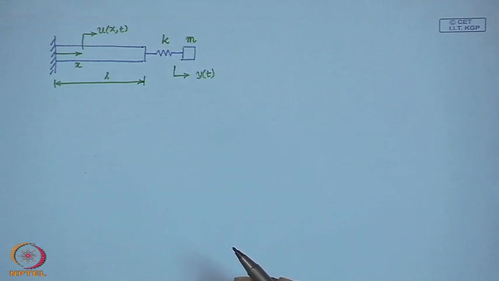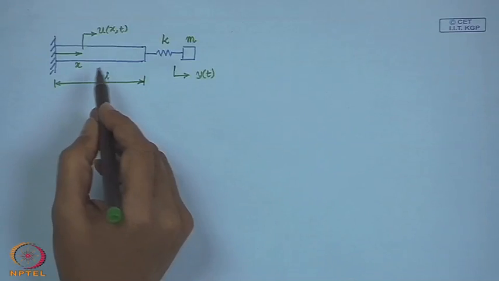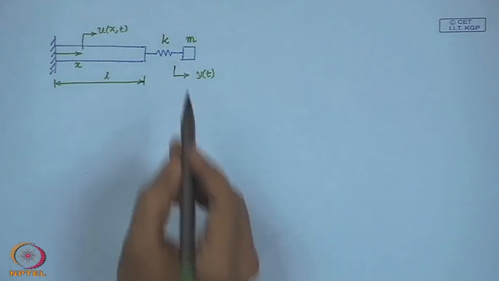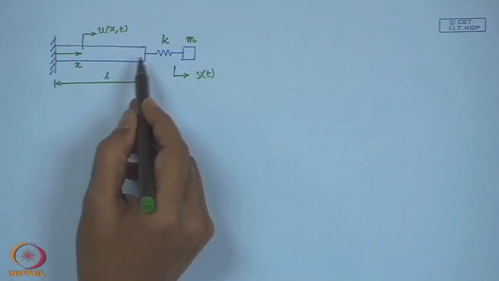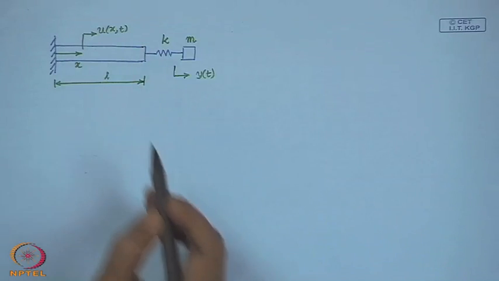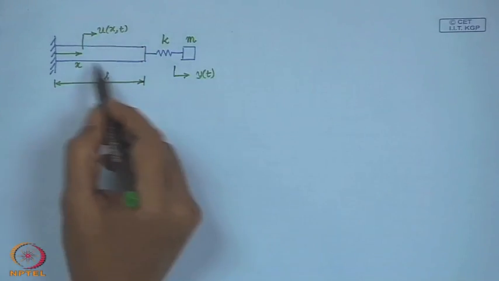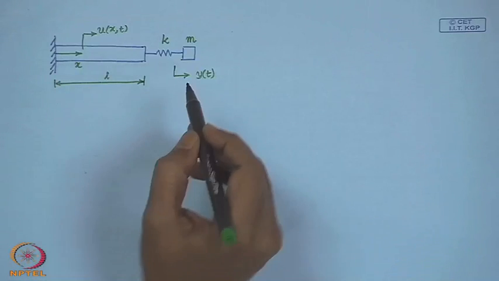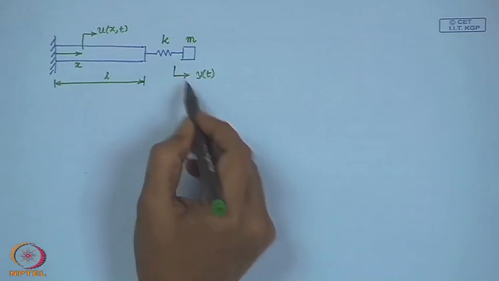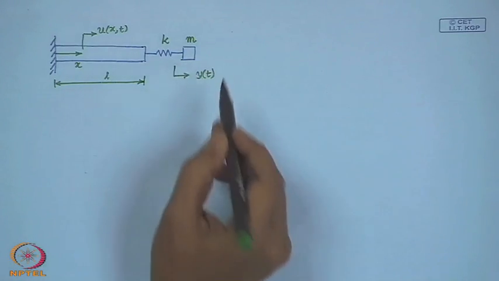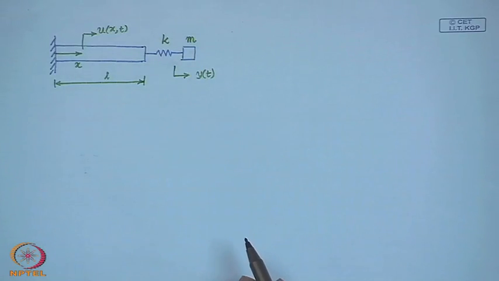So, let us first write down the equations of motion for this system. Here you have, as you can see, a bar and this mass. So, you have the field variable which measures the displacement of the material points of the bar, and we have this coordinate y which measures the displacement of this discrete mass m.